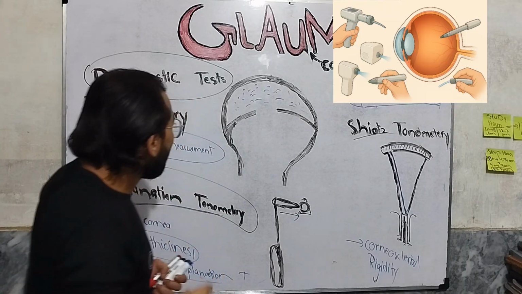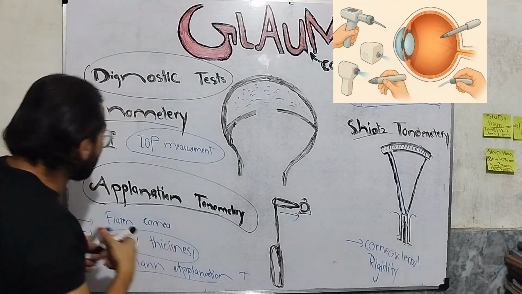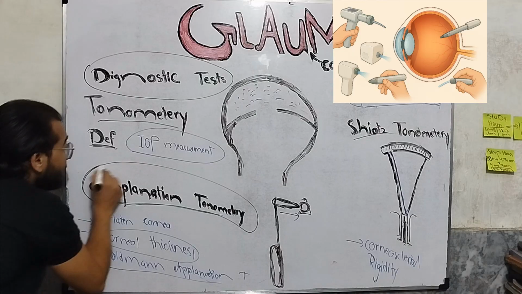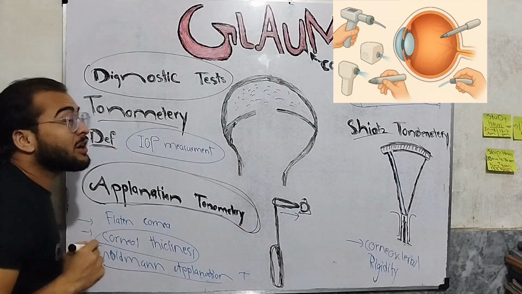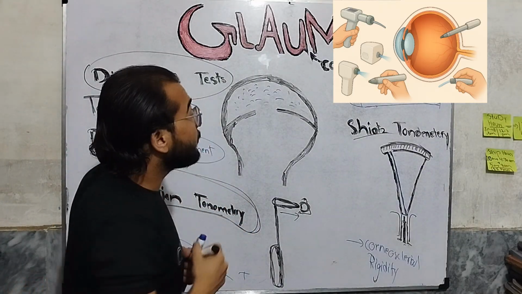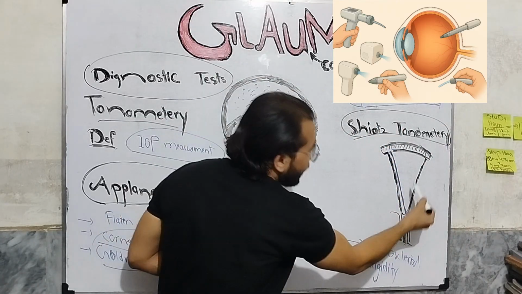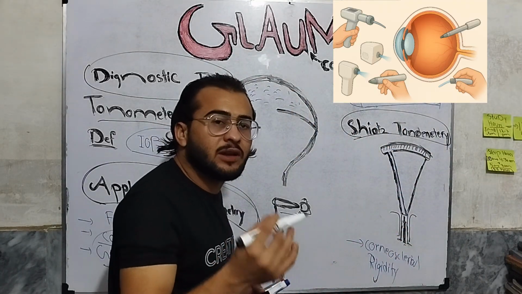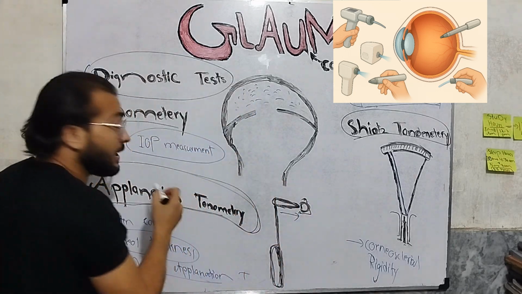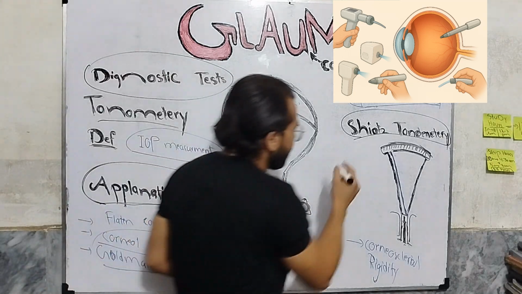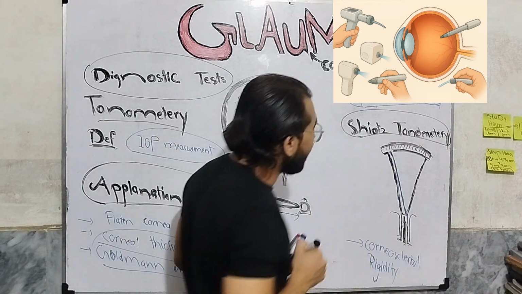The applanation tonometers give us more accurate pressure, but we can also use the Schiotz tonometer. Although its pressure is not matchable with the applanation tonometer, it can be used.